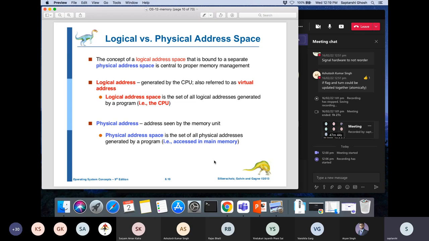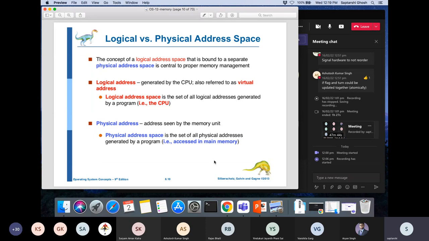a physical address. As I said, multiple programs may be using the memory, and when each of the programs runs, it generates logical addresses starting from 0. But it is not possible that the same address is given to both of them physically in the memory.